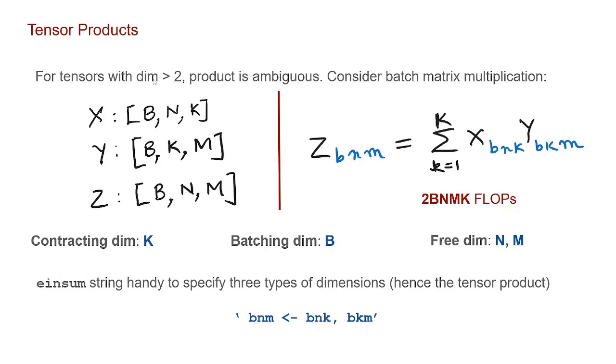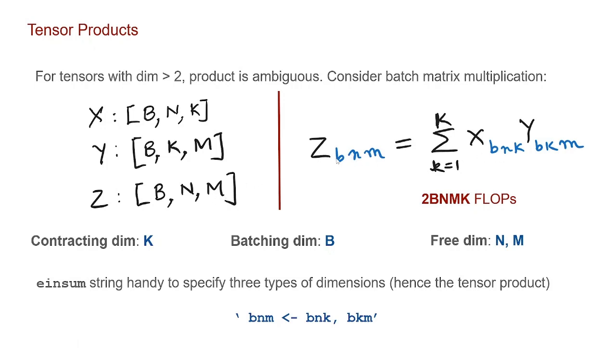For tensors which have dimension greater than 2, the product is ambiguous, so we have to specify it more clearly in some way. As an example, consider batch matrix multiplication. Consider multiplying these two tensors of these shapes, where B can be thought of as the batch dimension, and the output we'll get has the shape B N M. The tensor product can be specified in this way.